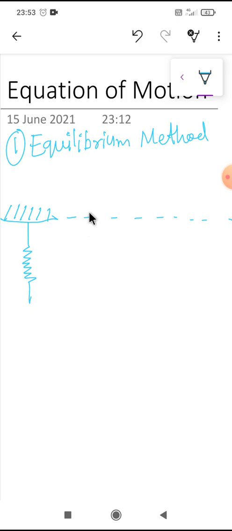Now in the second position, suppose we are attaching some mass. It is not in vibratory motion, I have just attached a mass m. Now you can see that from this position the spring has been stretched up to some distance.